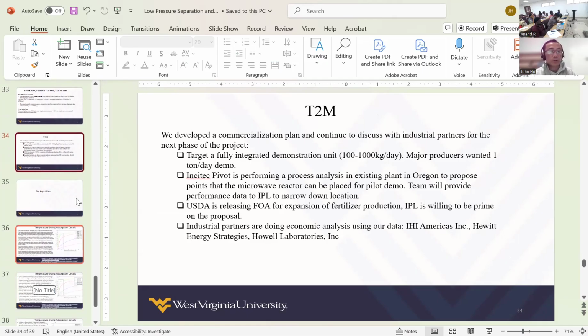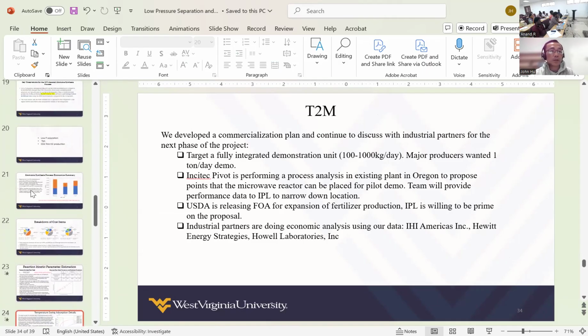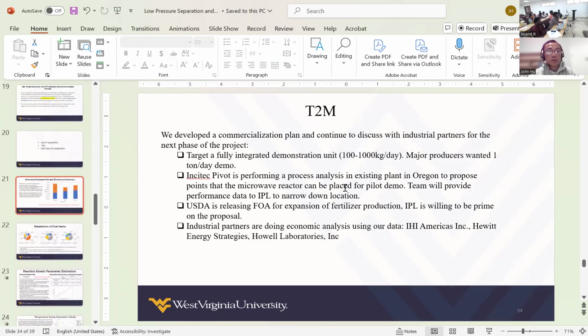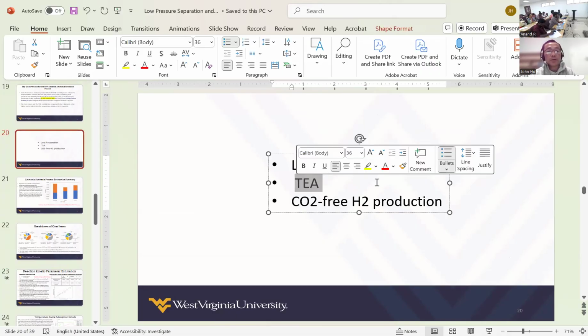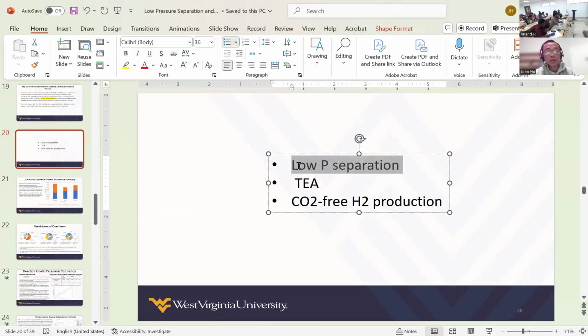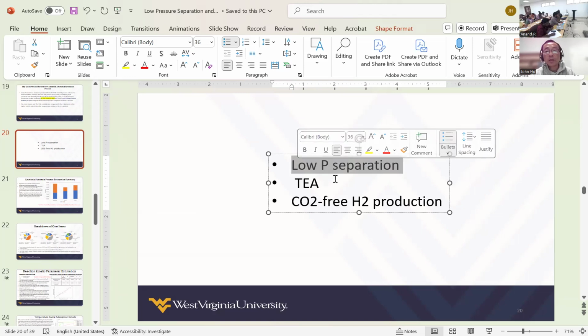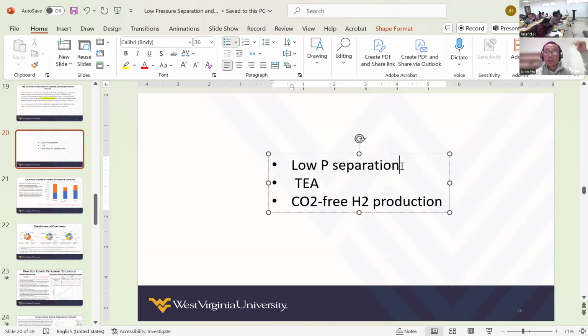Before I shift to the next section, I'm going back to today's topic. We spent quite a bit of time on the TEA. We lectured on low pressure separation, which has 4 different cases. The low pressure separation can be tied with the low pressure microwave.